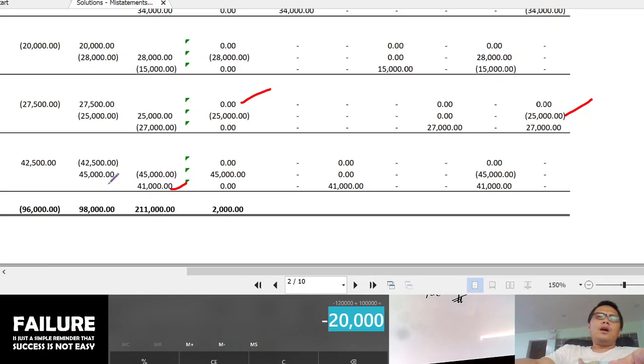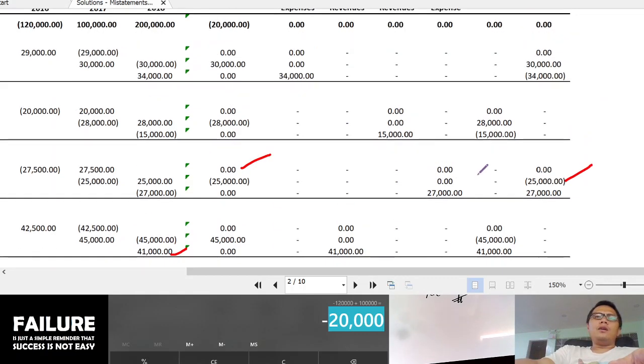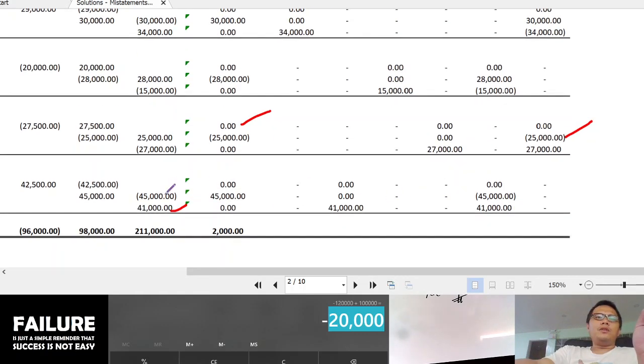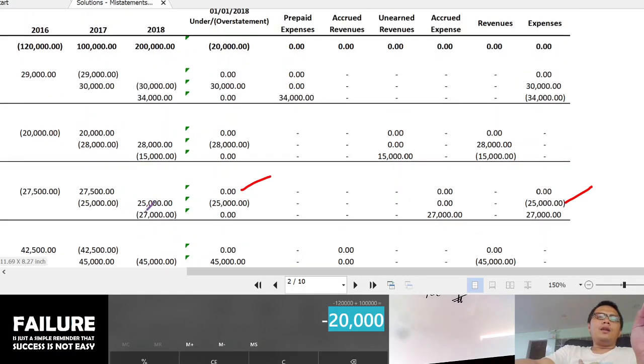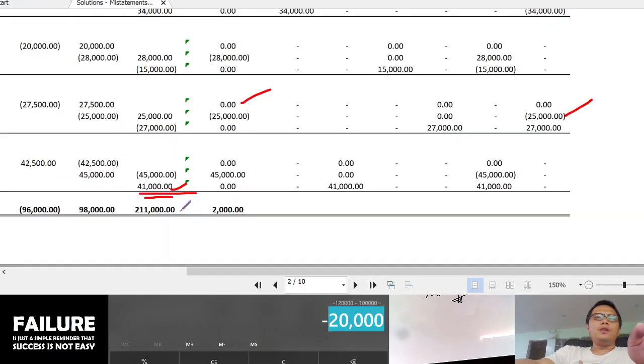However, your revenue is understated because in 2018 you should have recognized accrued revenue, or a revenue receivable, amounting to 41,000. You did not recognize it, so your revenue is understated.